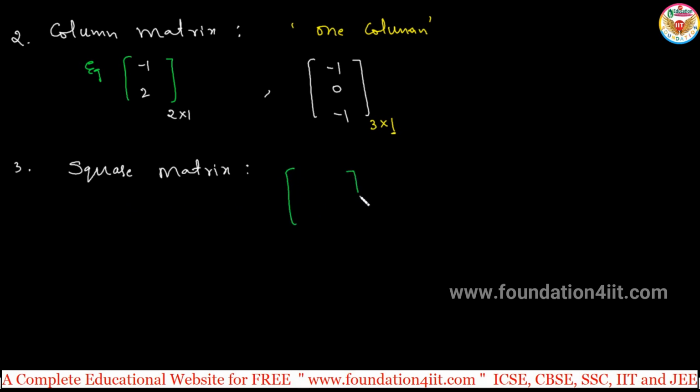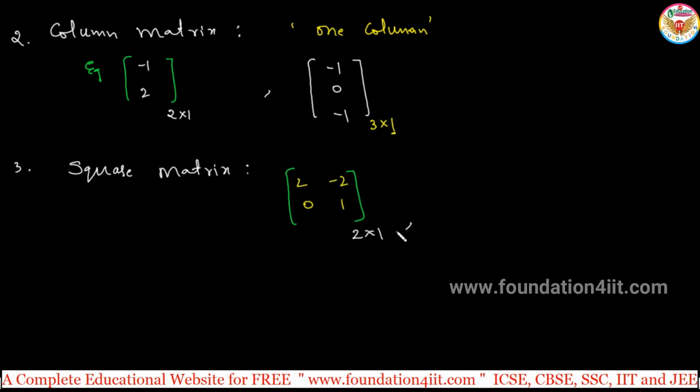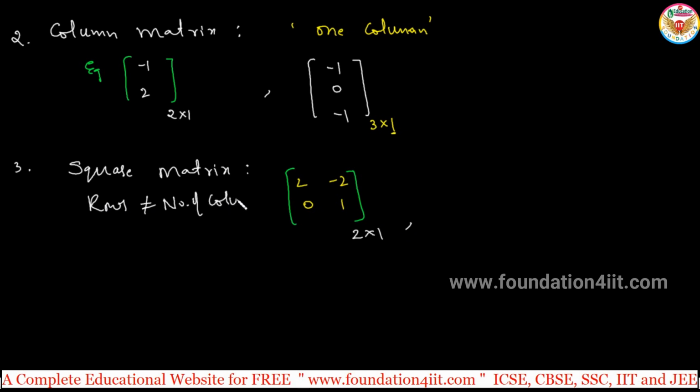Rows and columns are equal. That is a square matrix. Now take 2, -2, 0, 1. Observe this. 2 rows, 2 columns. So the number of rows should be equal to the number of columns.